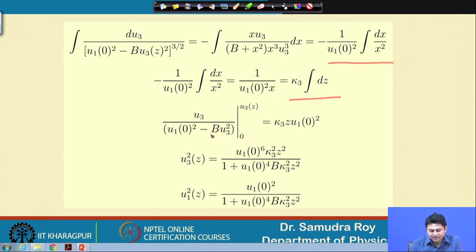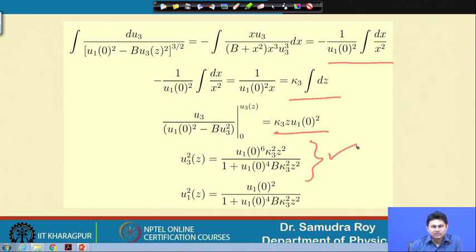In the right hand side it is simply kappa 3 z u10 whole square, with the limit 0 to u3 in the left hand side. And if you do a simple calculation and take u3 one side, then you will have an expression for u3 like this.